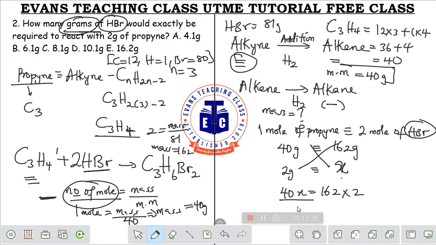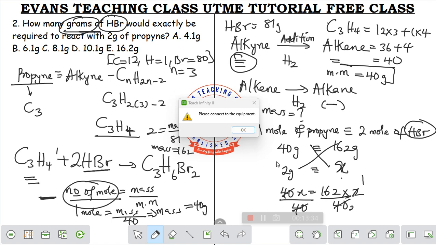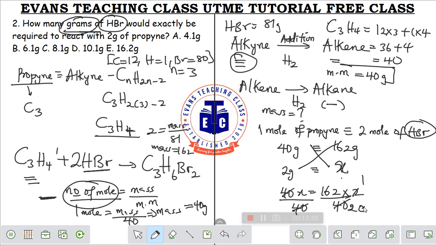So you don't even need a calculator here. 40, 2 here, 2 here, 20. So 2 here, 81, so 2 in 10 in 81. So that will be 8.1 gram. So that's our final answer. I think you get the way I did it. That's the method I used to get the answer.